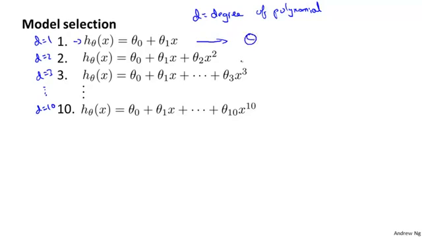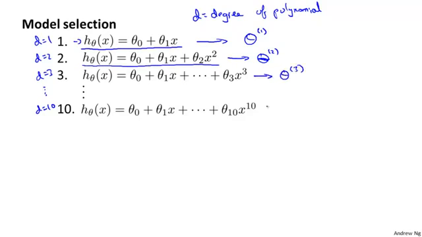And you could then take your second model, the quadratic function, and fit that to your training set, and this will give you some other parameter vector theta. In order to distinguish between these different parameter vectors, I'm going to use a superscript 1, superscript 2 there, where theta superscript 1 just means the parameters I get by fitting this model to my training data, and theta superscript 2 just means the parameters I get by fitting this quadratic function to my training data, and so on. And by fitting a cubic model, I get parameters theta 3 up to, say, theta 10.